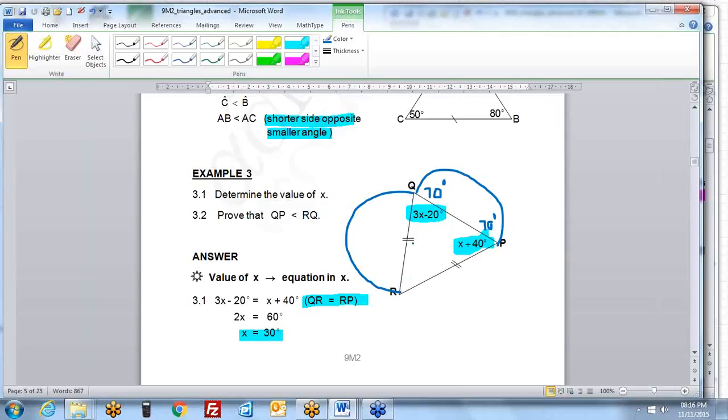So how to go about it? You have 70 plus 70, which gives you 140. And we know that the inner angles of a triangle add up to 180. So this one can only be 40 degrees. So we're comparing this angle and that angle over there. Clearly RQ is opposite the larger angle, which is 70 degrees, and QP is opposite the smallest angle. So this side will be shorter in length than QR.